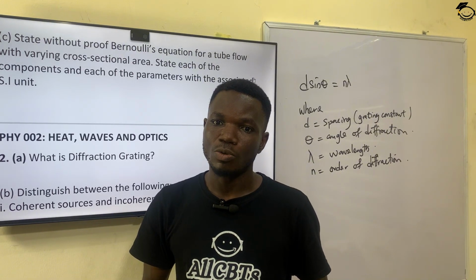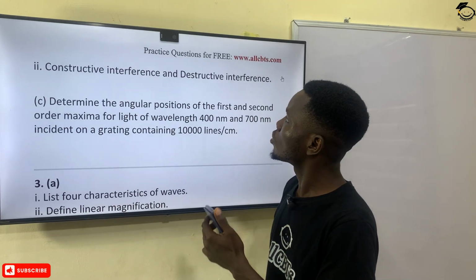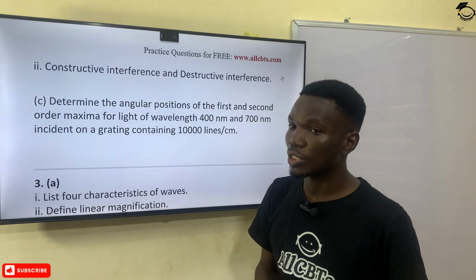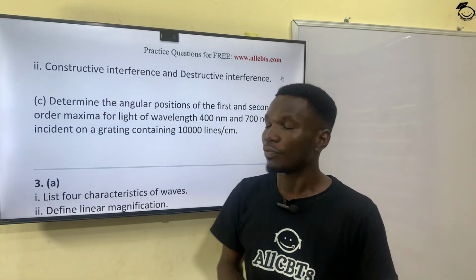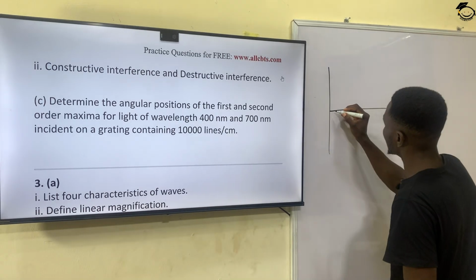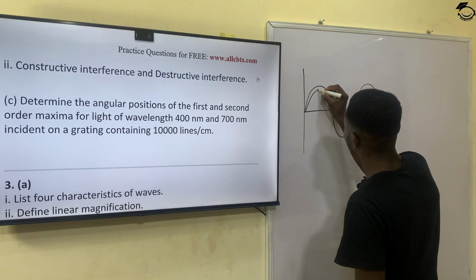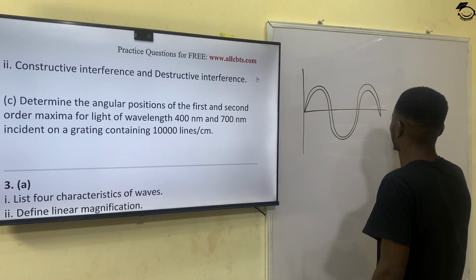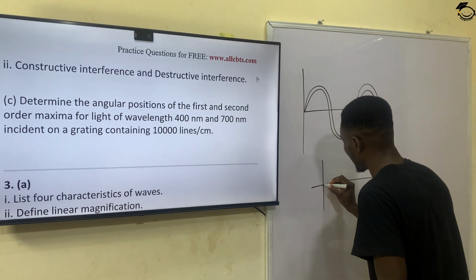So moving on to the next question, we should differentiate between constructive interference and destructive interference. Now for constructive interference, if I have my interference this way, this is constructive interference. Then this is destructive interference.